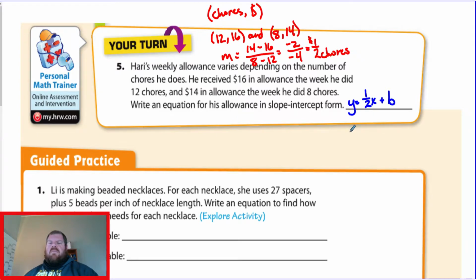And when you're picking points, pick one that works better if you can, to make the math a little bit easier. So I'm going to use 8, 14 here. 14 is the y value. 1/2, 8 is the x value, plus b. Do the multiplication. 1/2 of 8 is 4.